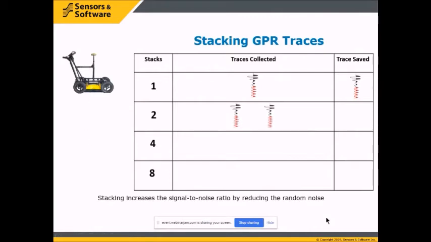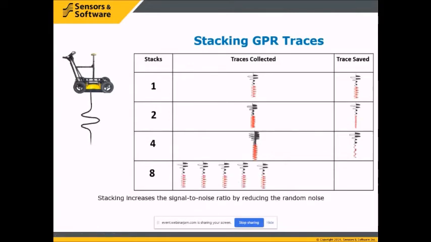We fire the transmitter a second time, save that trace. Then we average the 2 traces and we record the average of those 2 traces. If we stack 4 times, we fire the transmitter 4 times, save all 4 traces, then we record the average of those 4 traces. Same with 8 stacks.